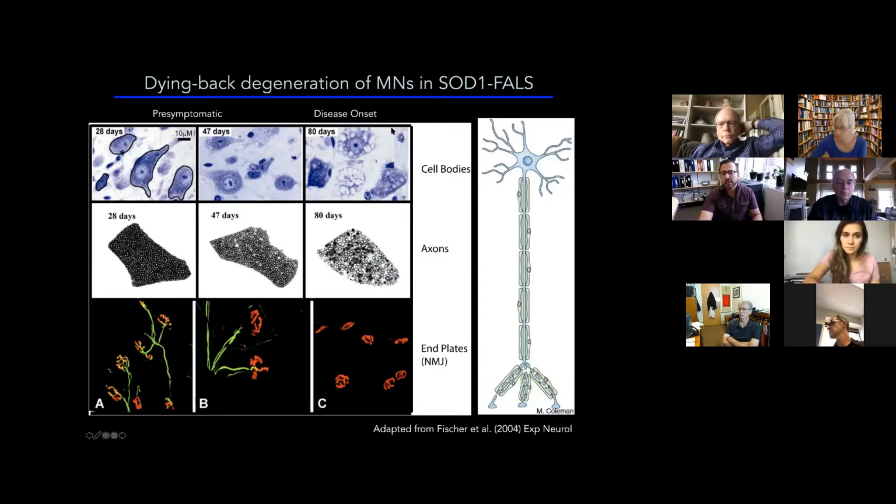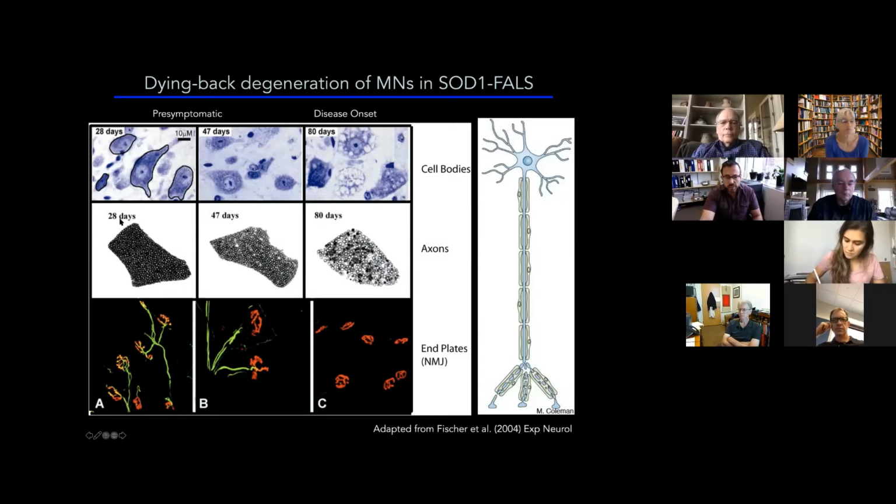In the most popular model of familial ALS, the mutant SOD1 G93A model, this paper made a very good case that long before there is any loss of cell bodies, there's a degeneration and loss of connectivity with the neuromuscular junction.